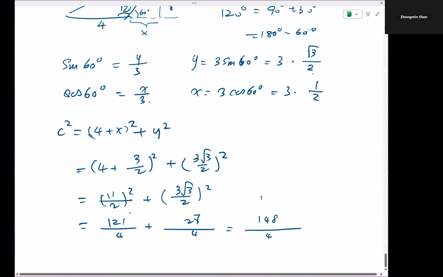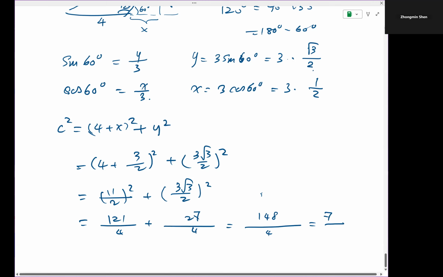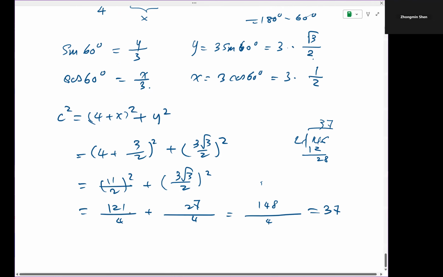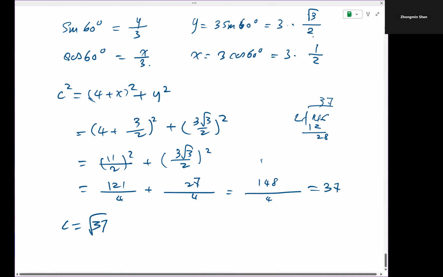Then you simplify: is 148 divisible by 4 or not? 148 divided by 4 is 37. So C is the square root of 37. Once you solve this problem, you get a good idea.